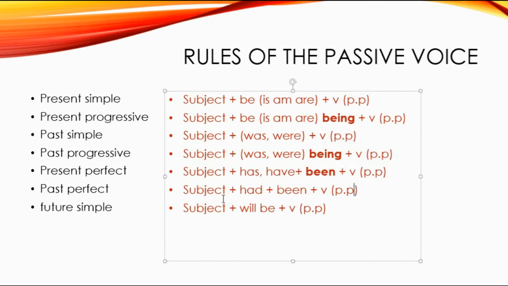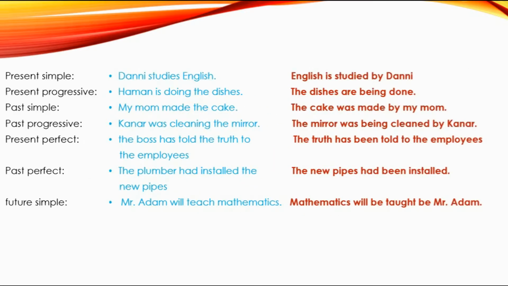Or for past perfect, you have the subject, it's always had, and you always need been, plus the verb. For future simple, you have the subject, will, and be is always there. They don't change. So remember these. You need to remember these to be able to use them. You need a lot of practice, actually. So I'll give you examples.